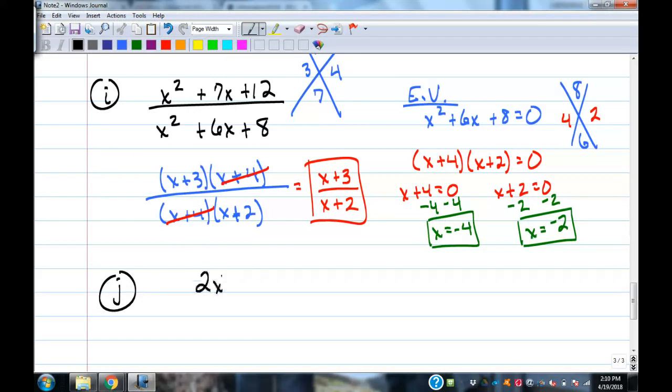Say we had 2x squared plus 3x minus 5 over x squared minus 25.